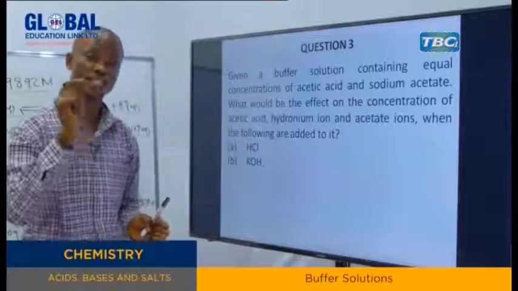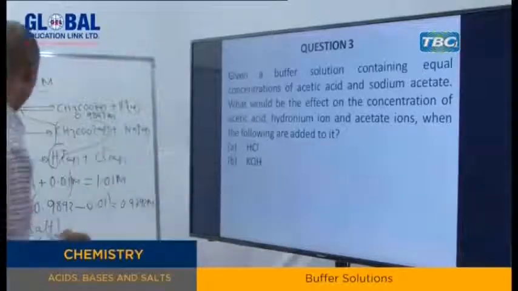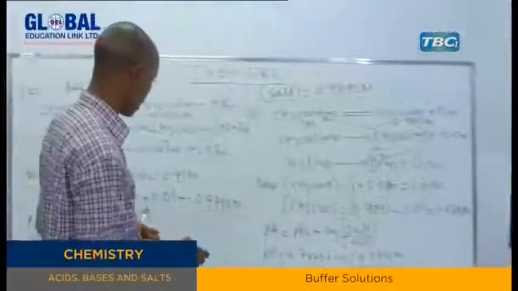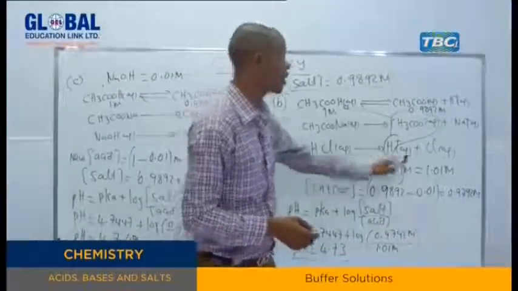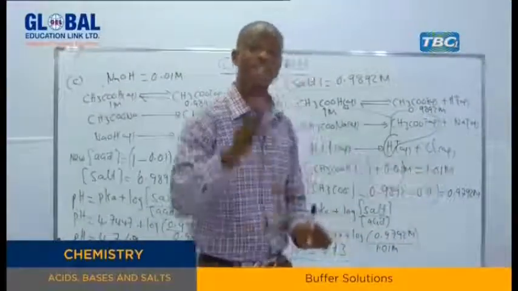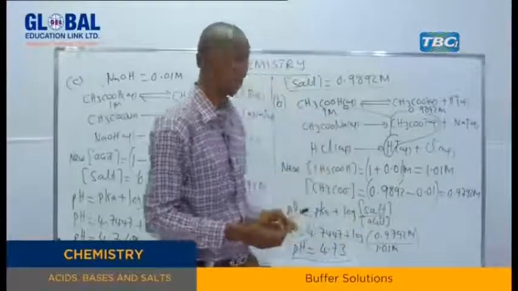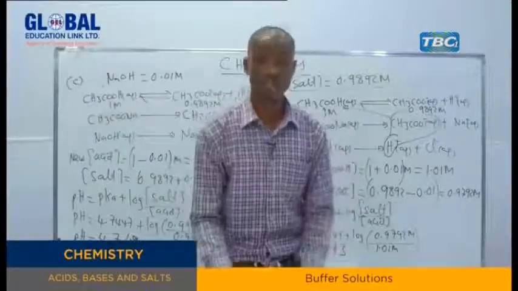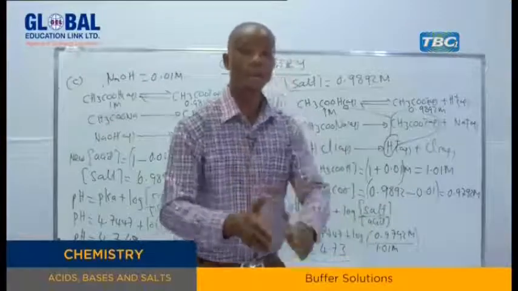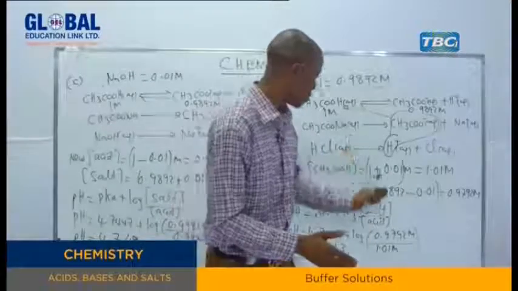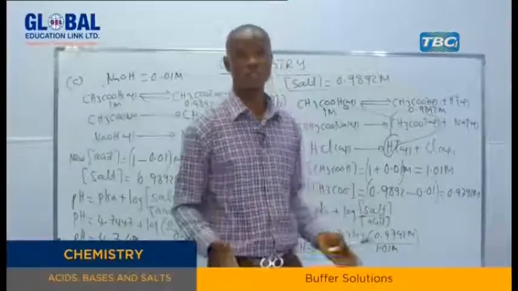So the concentration of the acetic acid will increase by the same amount as the acid that is added. And how about the acetate ion? The acetate ion will decrease because it is used to form the acetic acid, by the same amount that is added. And the concentration of hydrogen ion will remain constant. So it is very simple.